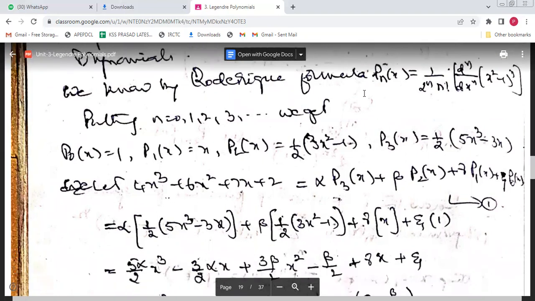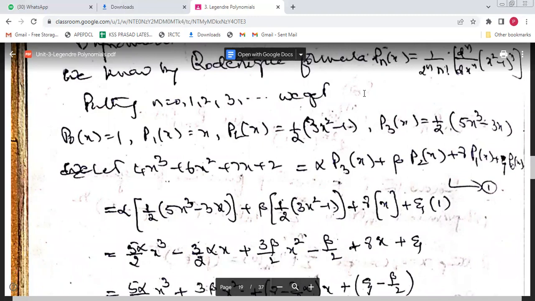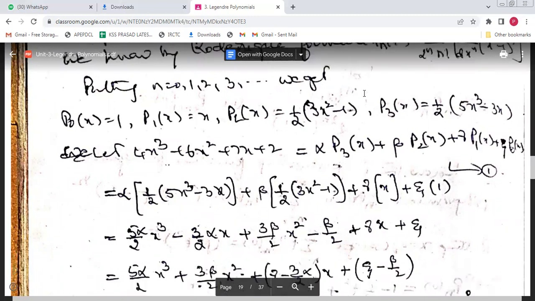So this becomes 5 alpha by 2 times x cubed minus 3 alpha by 2 times x plus 3 beta by 2 times x square minus beta by 2 plus gamma x plus xi.